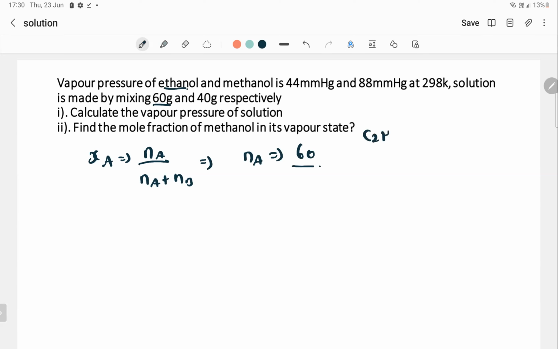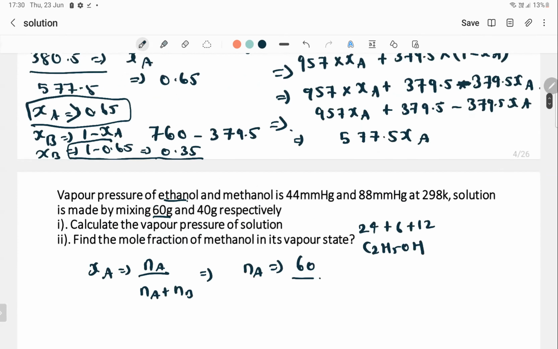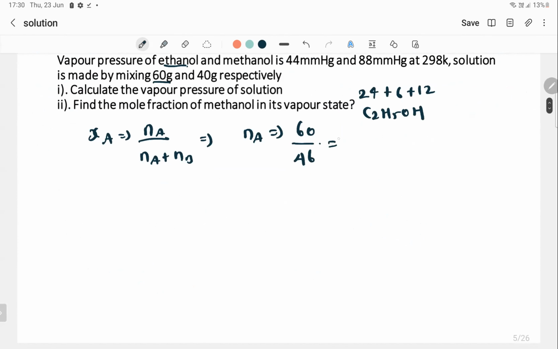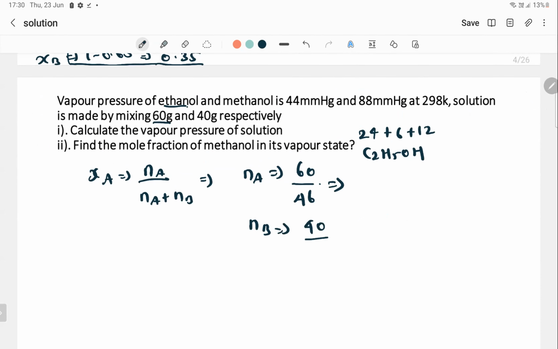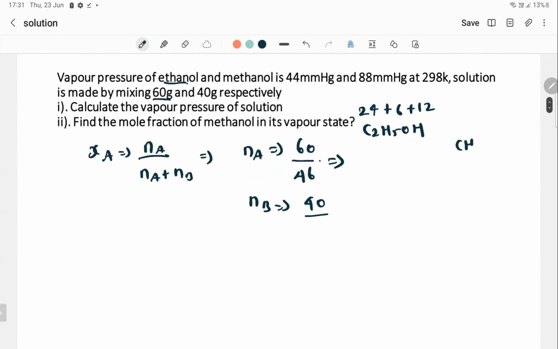Ethanol, C2H5OH. What's the molar mass? 24, 46. Sure. 6, 12, 46. Next one, in number of moles, this is 40 divided by, for methanol, CH3OH, 12 plus 4 plus 12.